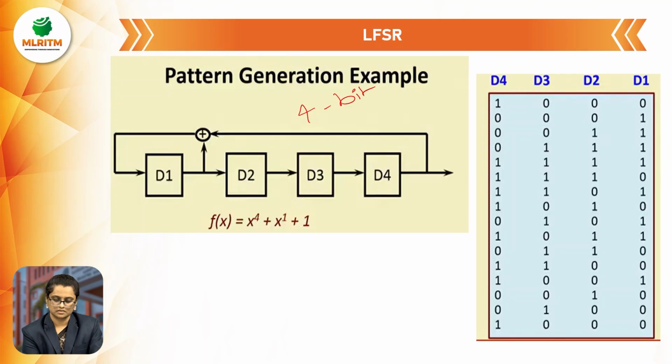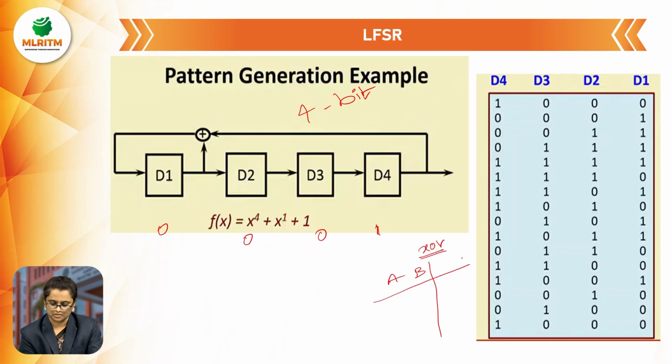shift register. Initially I store the data: D1 is 0, D2 is 0, D3 is 0, and D4 is 1. Initially stored data is 0001. Now this 1 is given to the XOR. What is the XOR gate truth table?